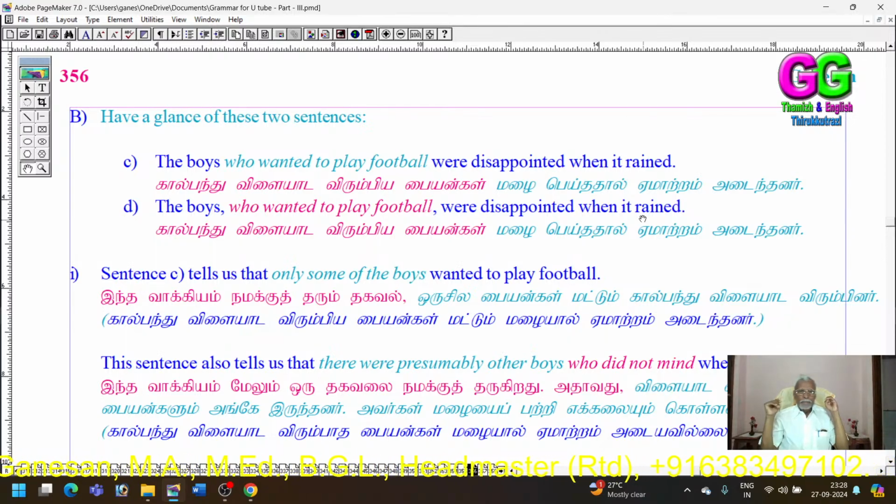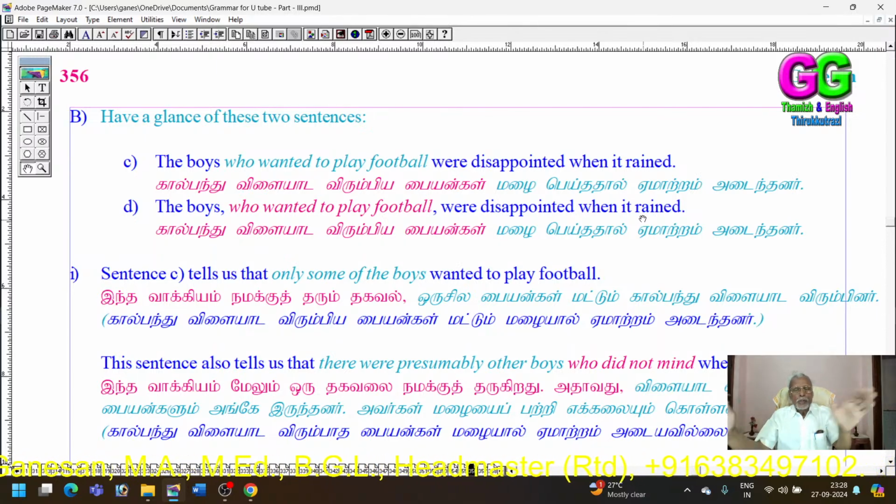The other boys who were not interested in playing football did not get disappointed. These are the two kinds of meanings of the defining relative clause. The non-defining relative clause means all the boys wanted to play football, so they got disappointed when it rained.